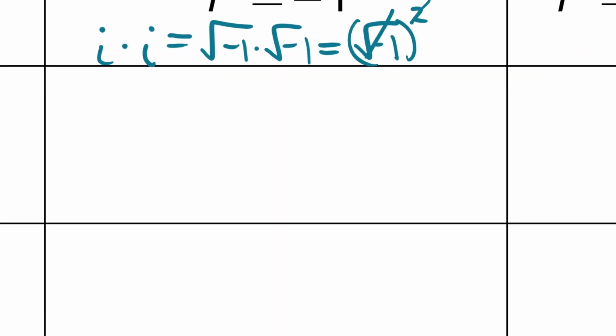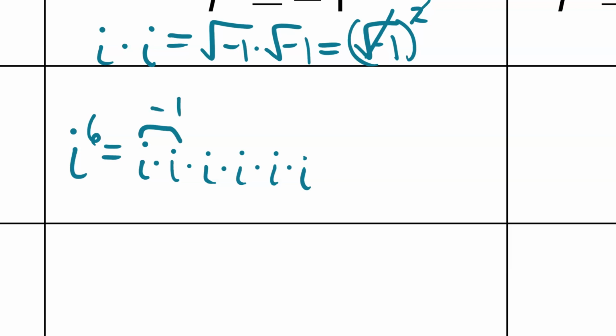So i to the sixth power. I'm hoping you see a pattern emerging. So I multiply i by itself 6 times: -1 times -1 times -1. So it's going to be -1.